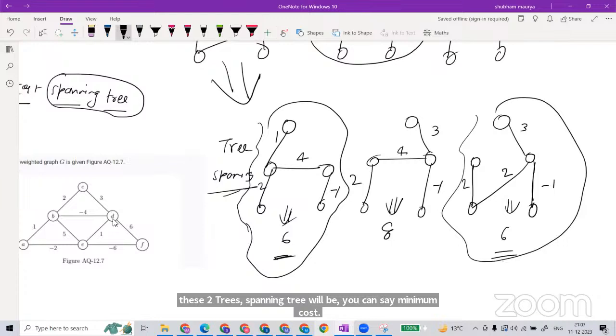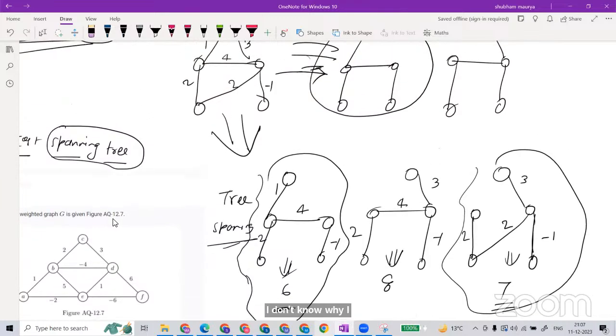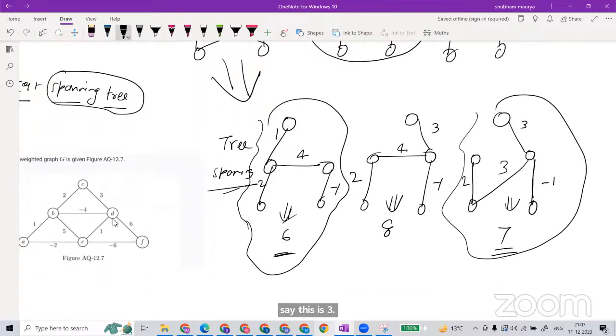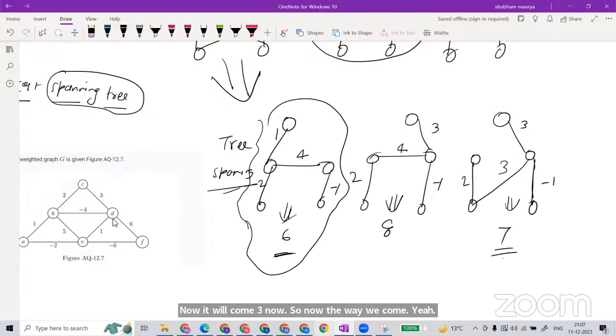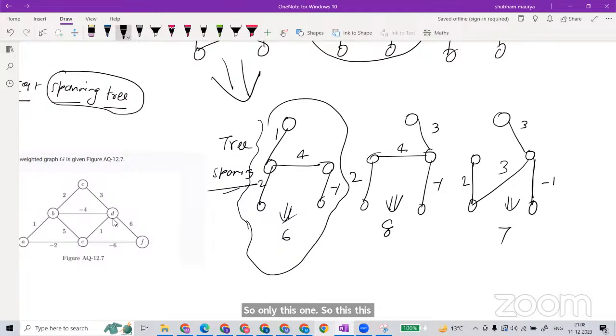Even suppose I change the weight of this one, which was 7, and let's say this is 3. Now the weight becomes 7. Now which one is going to be the minimum cost spanning tree? Only this one. So this spanning tree has the minimum weight. So this one is the minimum cost spanning tree, MCST.